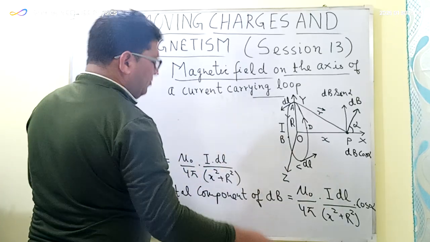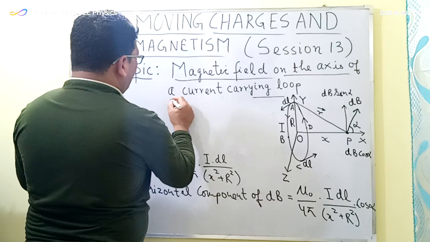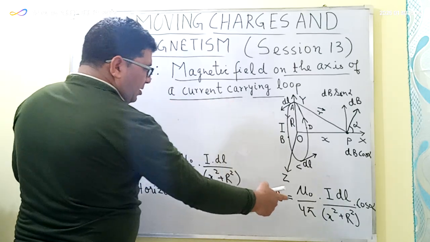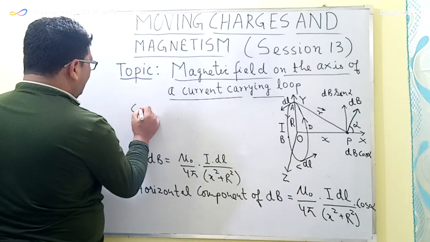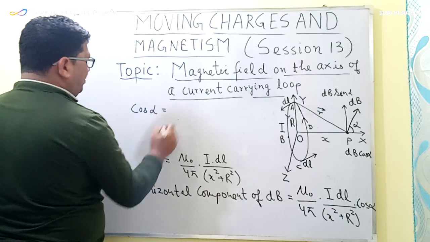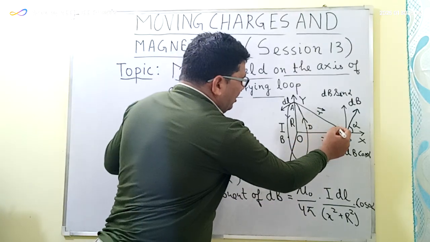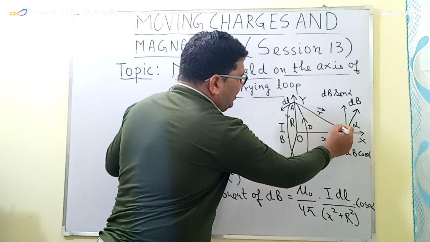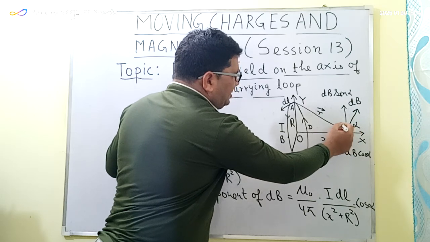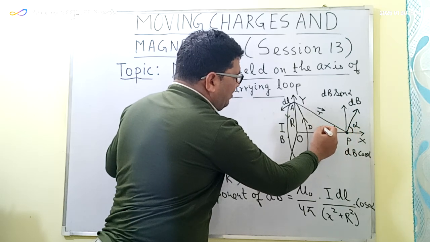Here cos alpha has to be found out. Now if this is the angle alpha, so this angle, see this angle will be 90 degree. So this will be equal to 90 plus alpha, and this will be equal to 90 minus alpha.